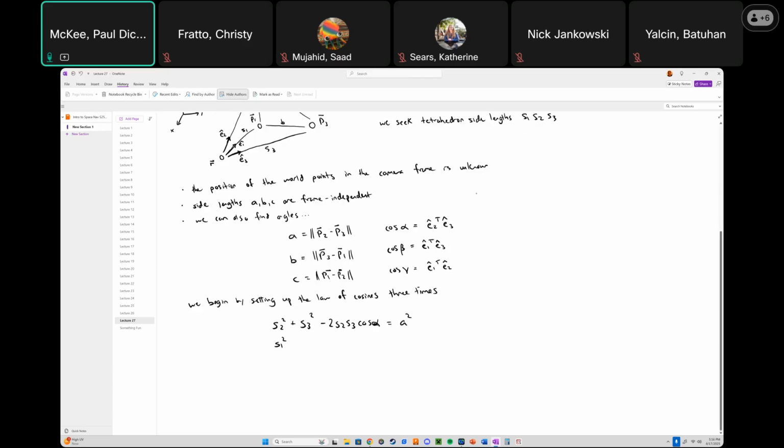We have S1 squared plus S3 squared minus 2 S1 S3 cosine of beta. That is B squared. And then we have S1 squared plus S2 squared minus 2 S1 S2 cosine of gamma. That's equal to C squared. And what we have here is 3 equations and 3 unknowns, where the unknowns are S1, S2, and S3.